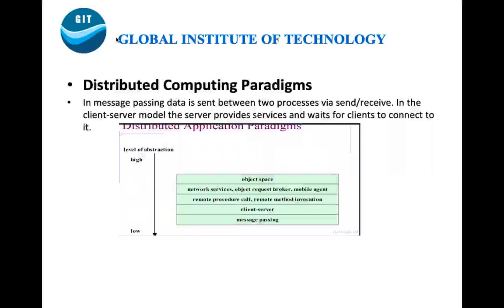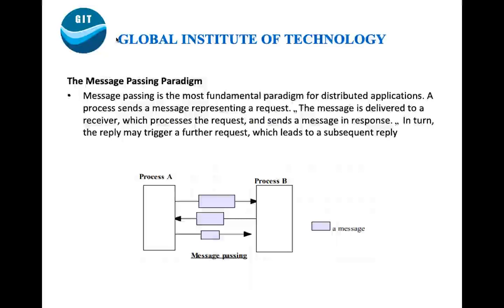Distributed computing. Distributed computing means in message passing, data is sent between two processes via send or receive. In the client server model, the server provides services and waits for clients to connect to it. Message passing is the most fundamental paradigm for distributed applications.